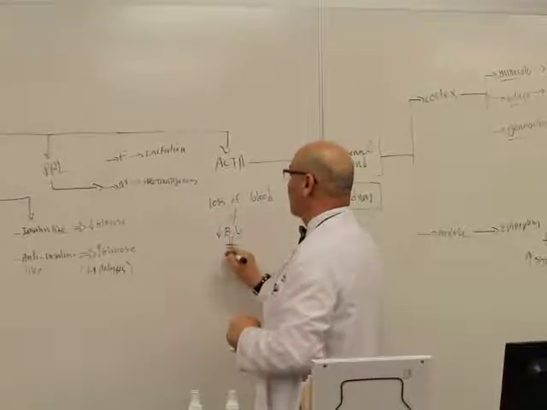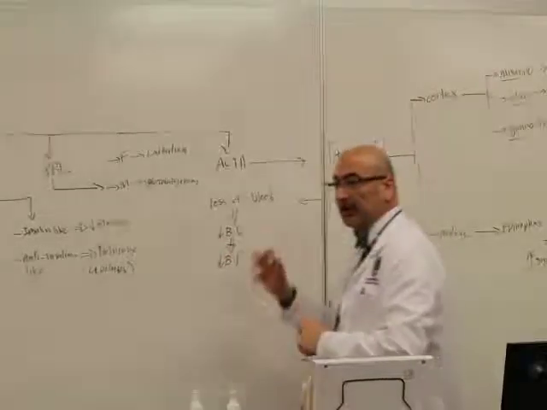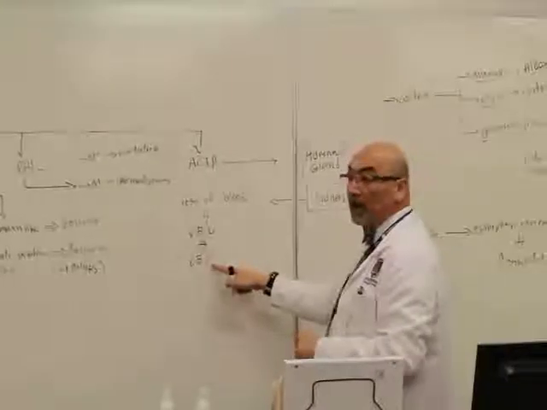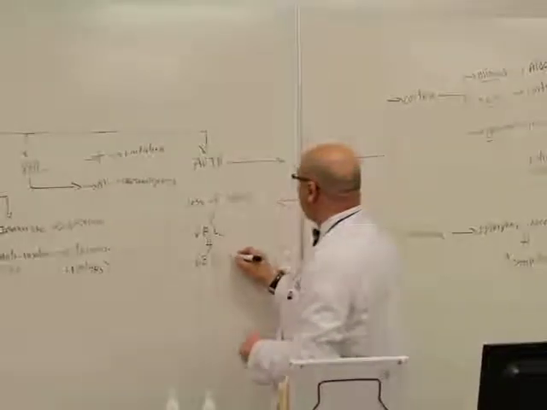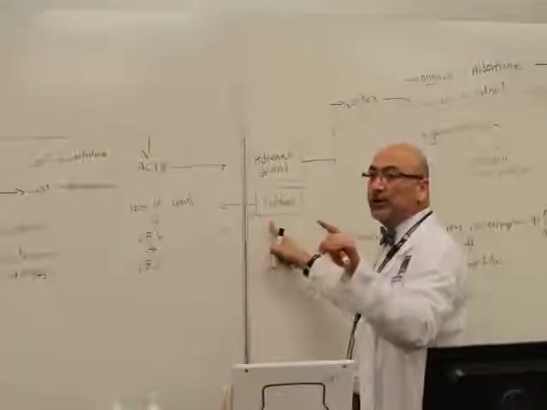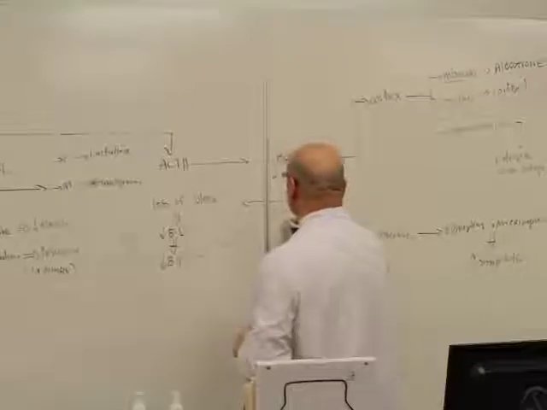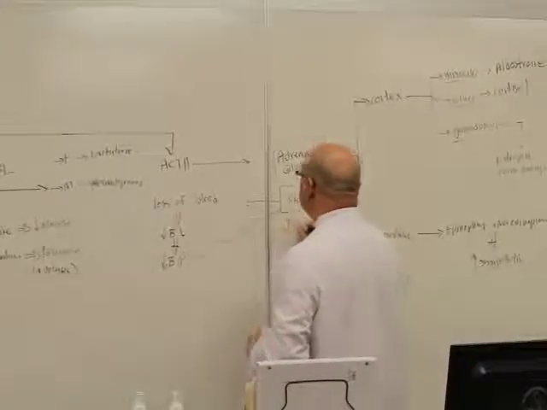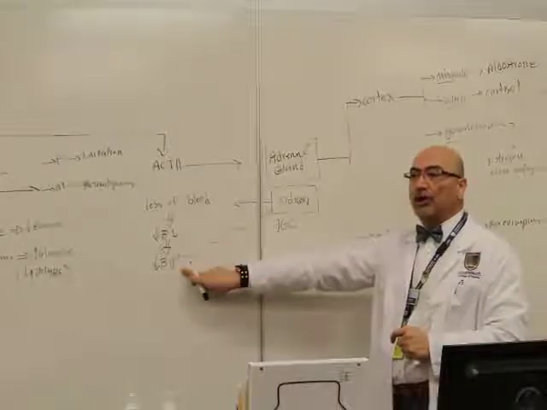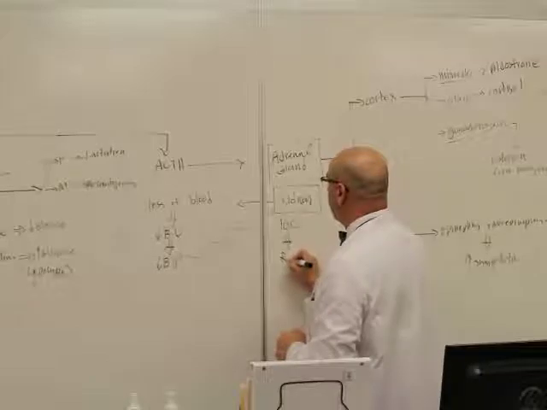And lowering blood volume means your blood pressure is going to drop, if the patient is bleeding internally or externally, right? So blood pressure falls. When that happens, it's going to activate the kidneys to release renin in response. So from the juxtaglomerular cells of the kidneys, in response to low blood pressure, we get to release renin.